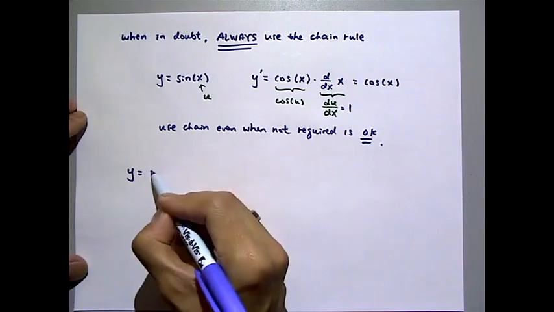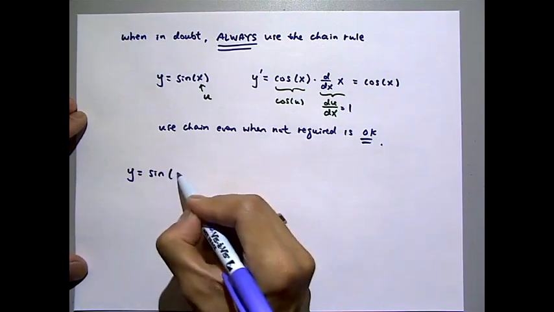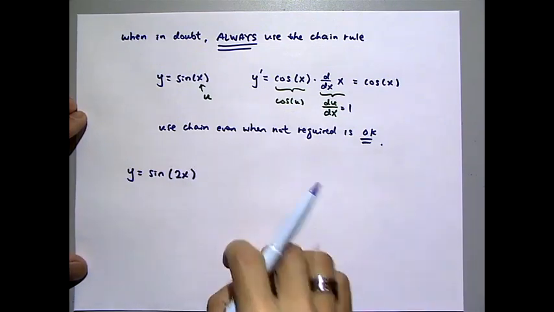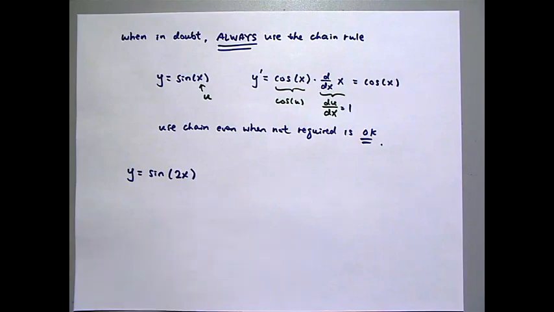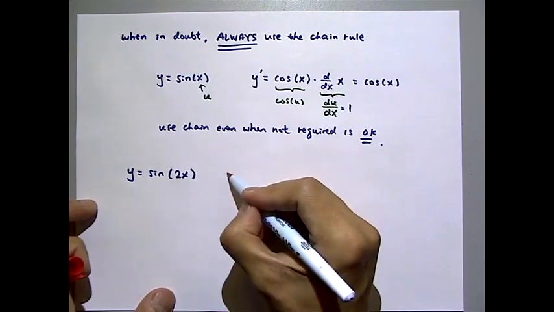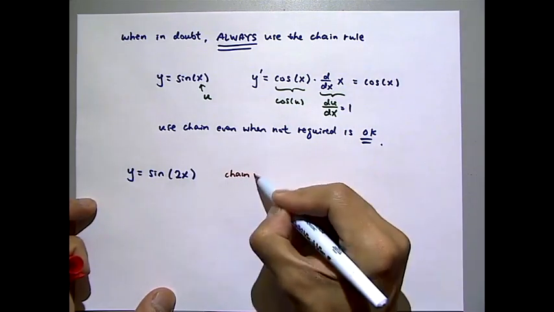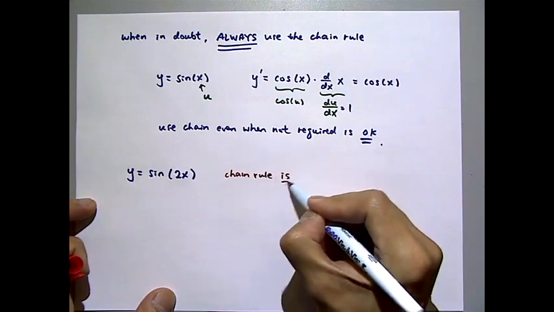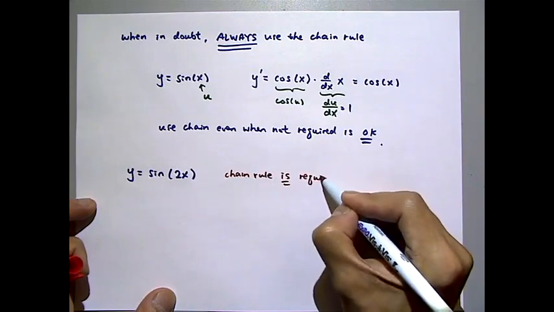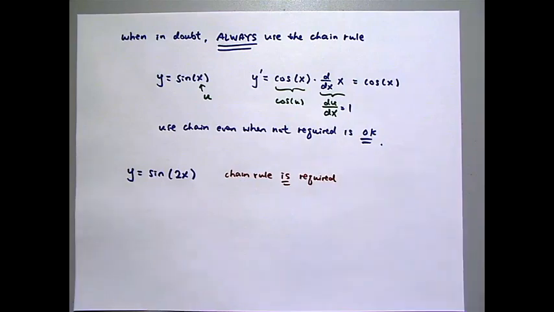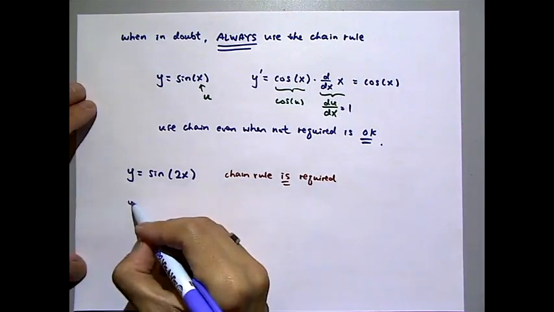If you get into a situation like sine of 2x, then right now here the chain rule is required. If you don't use the chain rule when you have to, you will get the wrong answer.